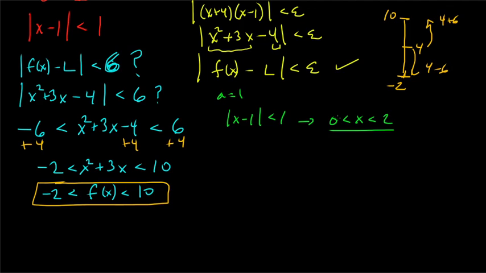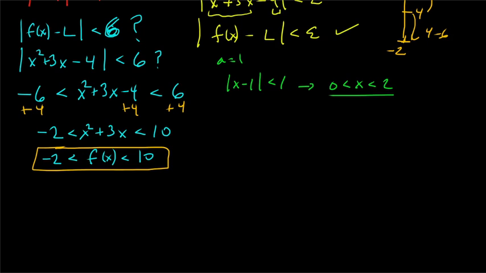Okay, so this is where a picture really helps. So I'm going to try to draw the graph here as best as I can. So this is 1, 2, 3, good enough. And I'm going to squash the scale a little bit here, so this is going to be 1, 2, 3, 4, 5, 6, 7, 8, 9, 10. So we know we have to go up to 10, and here's negative 2.